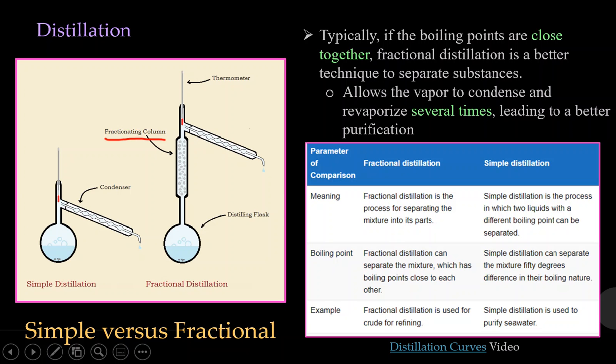It's used more for refining crude oil, like in manufacturing various types of fuels, because the fuels have different boiling points, and you take that crude oil and put it through the distillation process to separate and refine it. Simple could be used for desalinization, where you're just evaporating the water out from the salt.